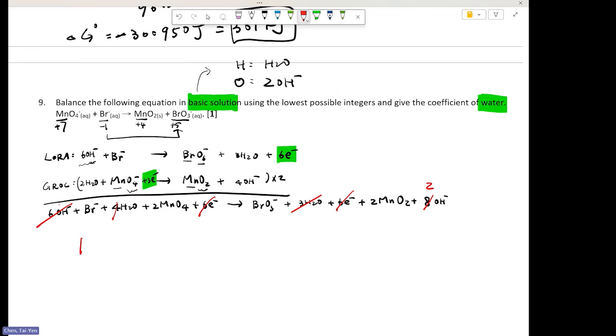So the final equation will be Br minus plus H2O plus 2 MnO4 minus giving BrO3 minus plus 2 MnO2 plus 2 OH minus. So the coefficient in front of water simply equals 1.